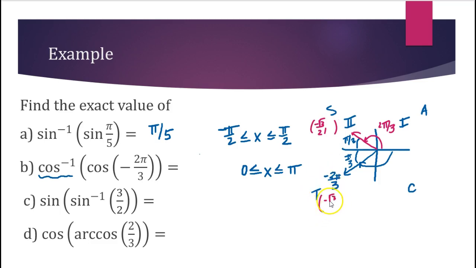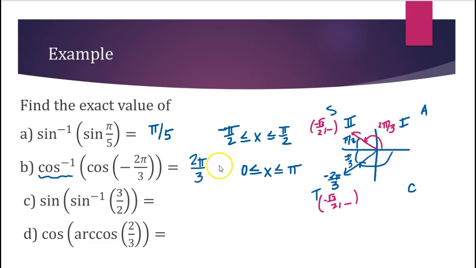It's also negative radical 3 over 2, right? And we don't need to care about the y value right now. So 2 pi over 3 and negative 2 pi over 3 give me the same x value, which is what we care about in terms of cosine. So in other words, instead of cosine inverse of cosine being negative 2 pi over 3, the answer in fact happens to be positive 2 pi over 3.